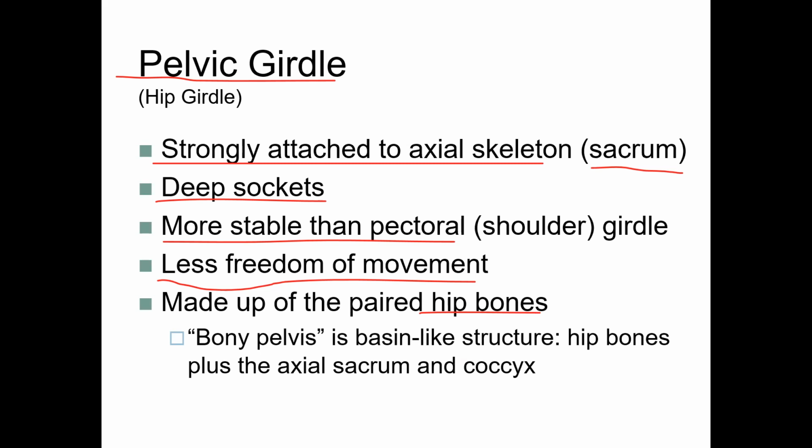So now, as it says there, the pelvic girdle is strongly attached to the axial skeleton. I mentioned to you when we were looking at the axial skeleton that the reason your sacrum is fused is because the weight of the entirety of your upper torso sits on the sacrum. And because of that, it has to have the ability to resist that mass, right?